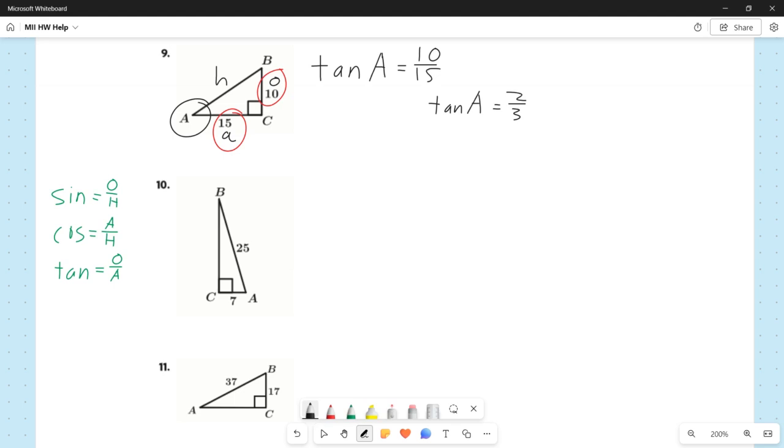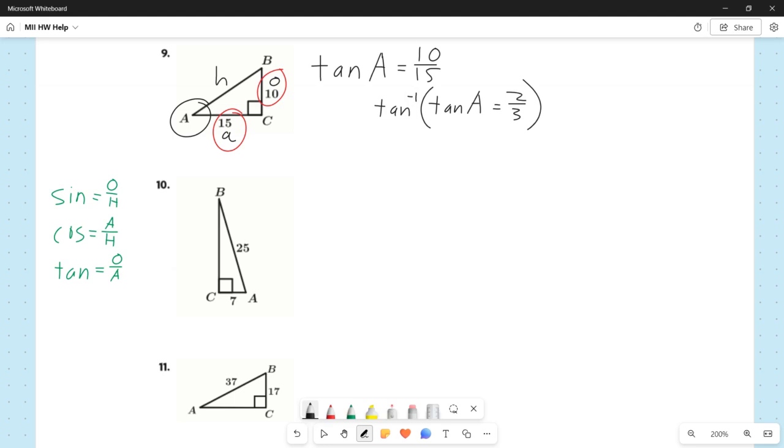The only thing preventing A from being by itself is the tangent function. We're close to getting A equals, but we have the tangent of A. To get rid of tangent, we're going to use the inverse of tangent. It doesn't have a very imaginative name, it's just tangent inverse.